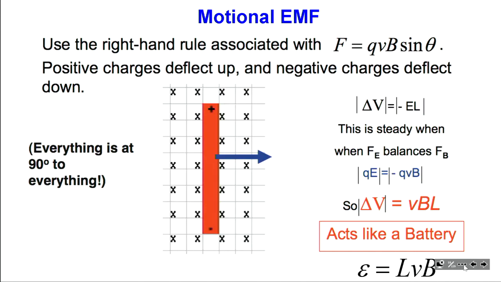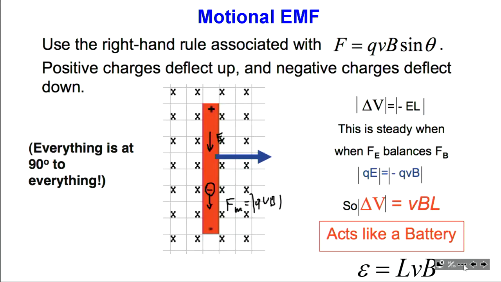When does it stop? It stops when the equilibrium is reached. And what does it mean? It means if we look at the electron, it is acted upon down by the magnetic field. And the magnetic force has magnitude, well, Q, V, B. But as long as electrons are moving down, we have an electric field, which points from plus to minus, from high potential to low potential.